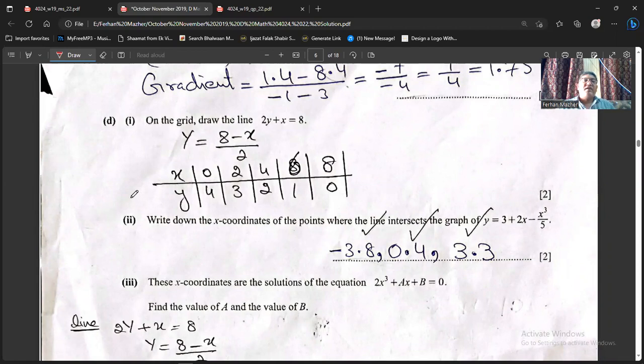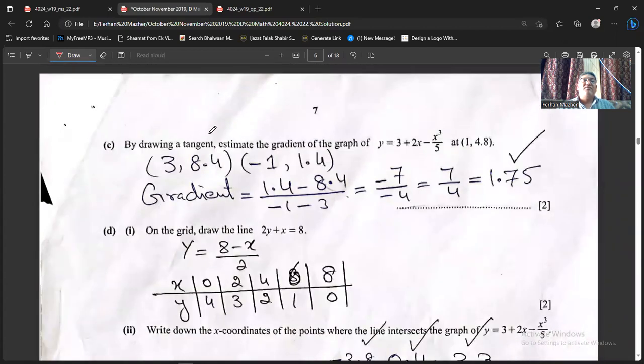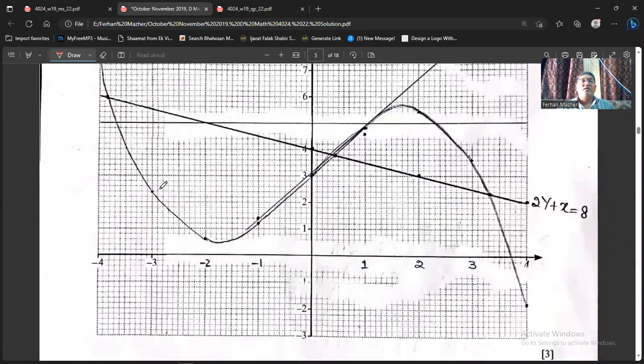Then I will plot these points. At 0, you have 4. At 2, you have 3. So join them. So this is that line, 2y plus x equals 8.